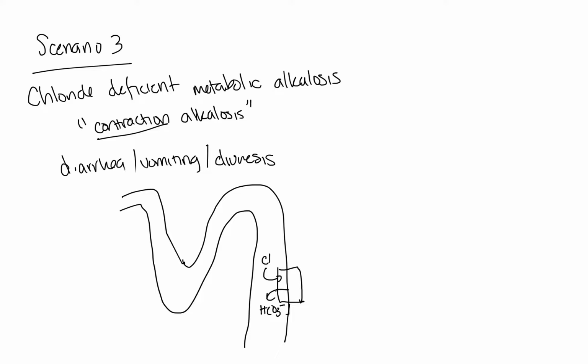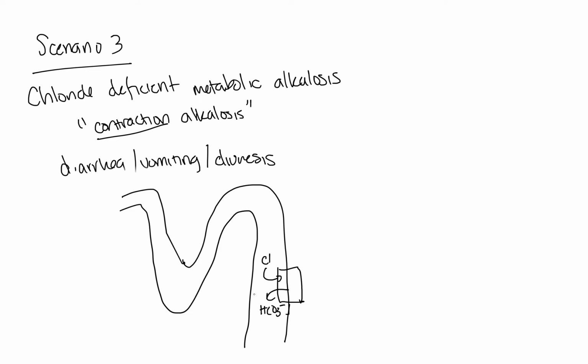This transporter is called the pendrin transporter. And what it does is absorbs chloride and allows us to remove bicarbonate.